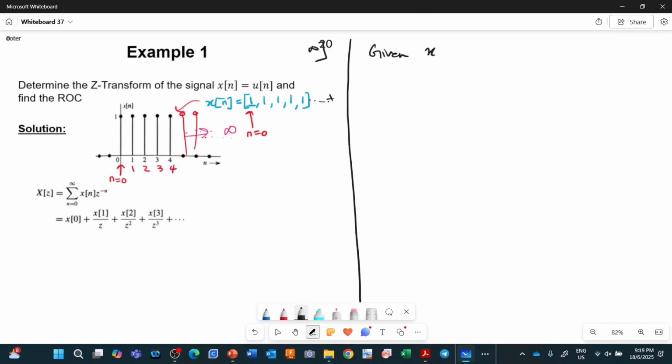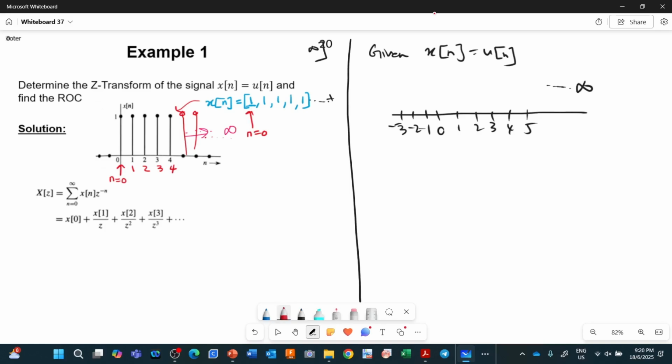So given x(n) is equivalent to u(n), it says there that you are given a signal x(n) which is a step input. Let's draw that step input. Understanding what a step input is is important. You have 0, minus 1, minus 2, minus 3, and then 1, 2, 3, 4, 5, until infinity.